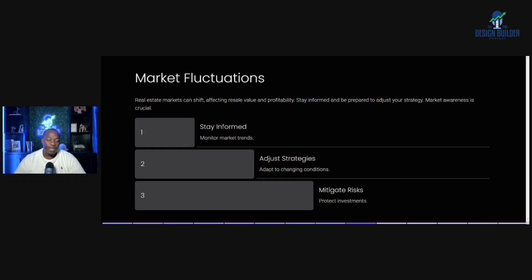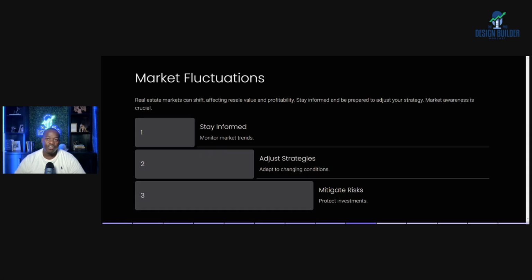Market fluctuations. Real estate markets can shift, affecting resale value and profitability. Stay informed and be prepared to adjust your strategy. Market awareness is crucial. You're going to need to know and understand the market conditions that go into your particular property. Stay informed, monitor market trends.